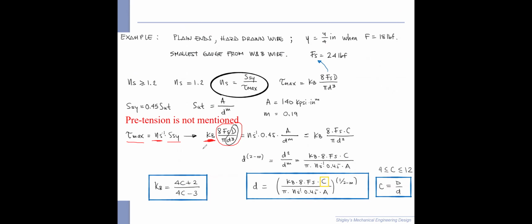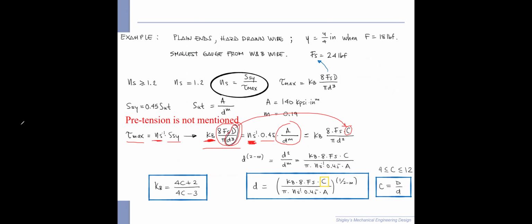So this maximum shear equals 0.45 times A over d to the power of m, divided by the safety factor. And we can rearrange the capital D over the lowercase d as the spring index.